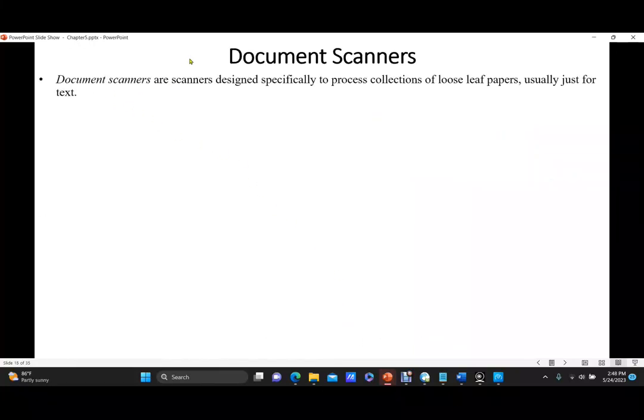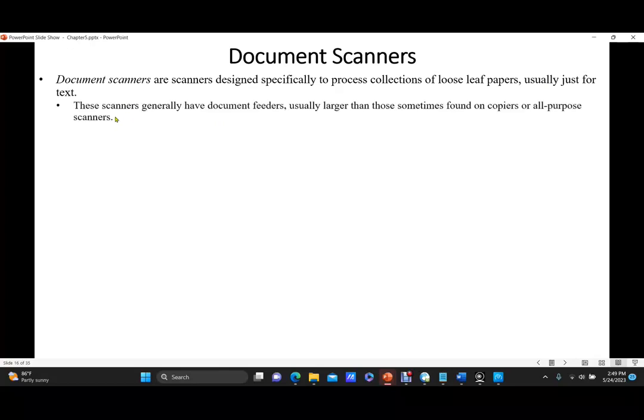A document scanner is a scanner designed specifically to process collections of loose leaf papers, usually just interested in representation of text. These scanners are generally going to have document feeders.